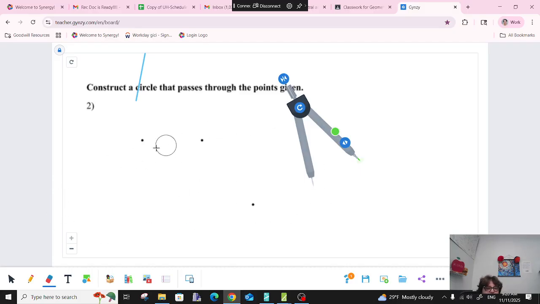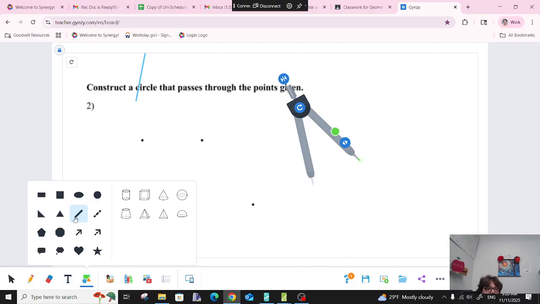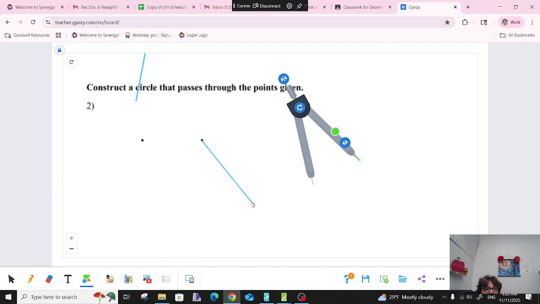And now I want to try to find the circle that passes through these 3 points. To do that, you are going to draw a segment from one of the points to the other point. You are going to find the perpendicular bisector.